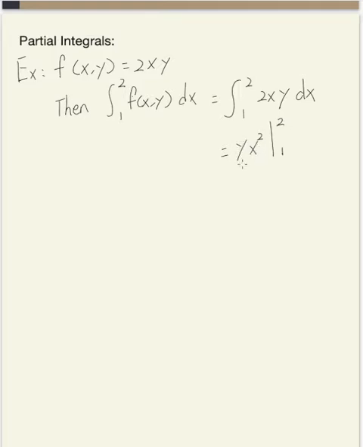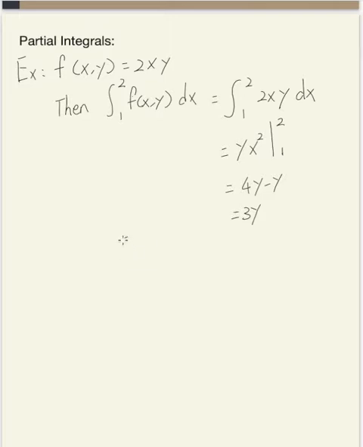Okay, y is considered as a constant here. So we plug 1 and 2 into the variable x, and we obtain 4y minus y, which is 3y.